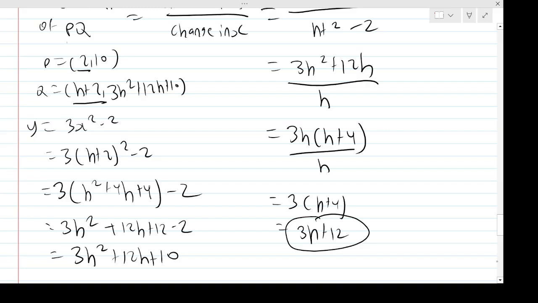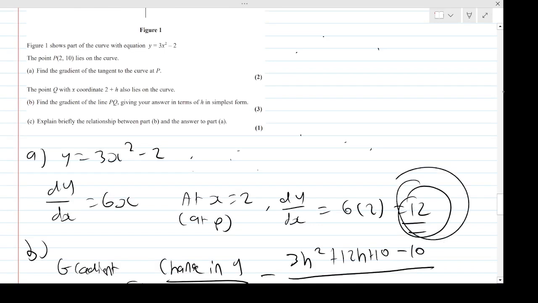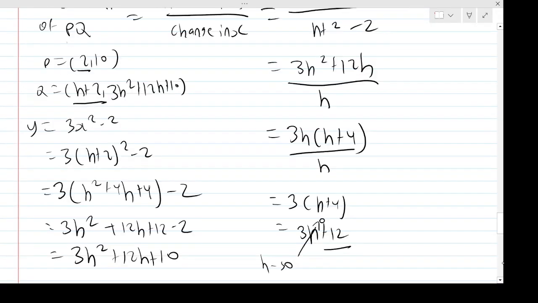Remember when we looked at first principles, the whole idea was h tended to 0, okay? That's the whole idea here. When h tends to 0, this 3h, that h goes to 0, and I'm left with 12. Well, hang on, 12 is actually my proper answer.